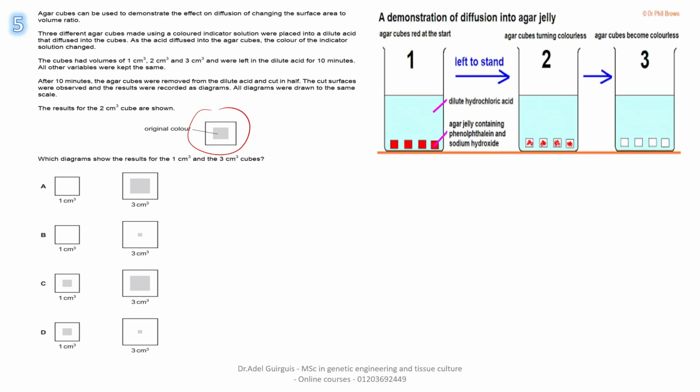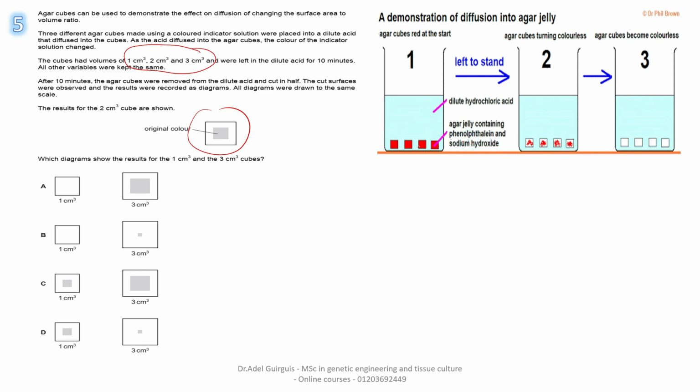Firstly, the experiment is like this one, but not exactly. Here, 4 agar cubes with the same volumes; here, with different volumes. How did we make this agar jelly? By dissolving agar powder with sodium hydroxide solution in the presence of phenolphthalein.